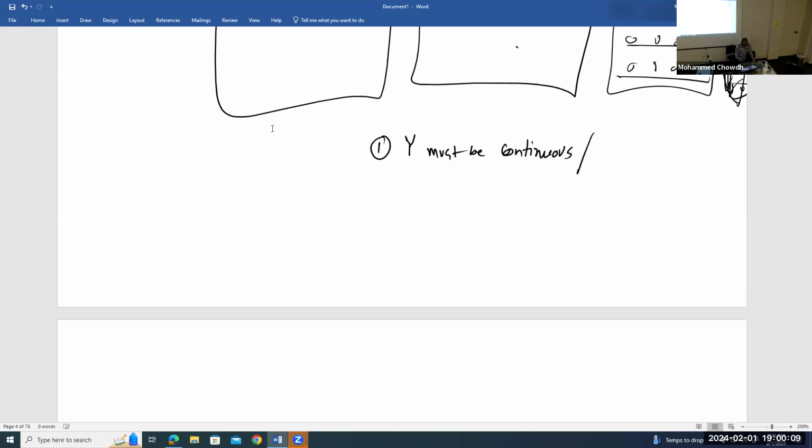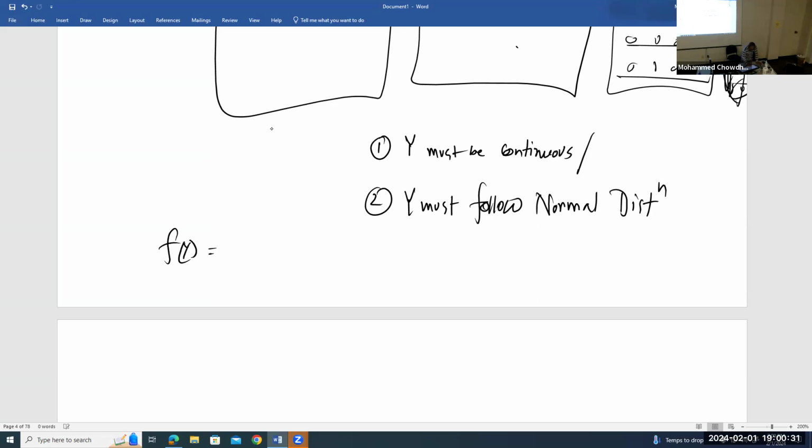That is one. Number 2, Y must follow a normal distribution. So it has a distribution format.